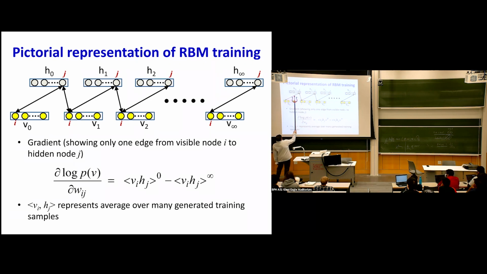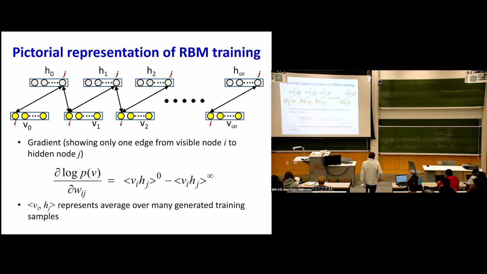So the very first snapshot that you took over here, in that snapshot, the derivative of the weight connecting any visible neuron to any hidden neuron is simply going to be the product of those two neuron values. So for any given weight, the contribution to the derivative of the weight is simply the product of the two neurons at the first iteration.